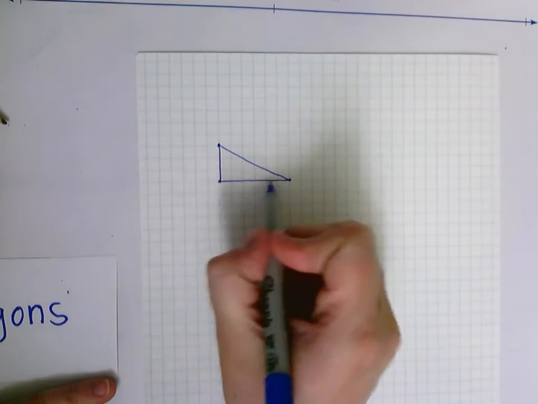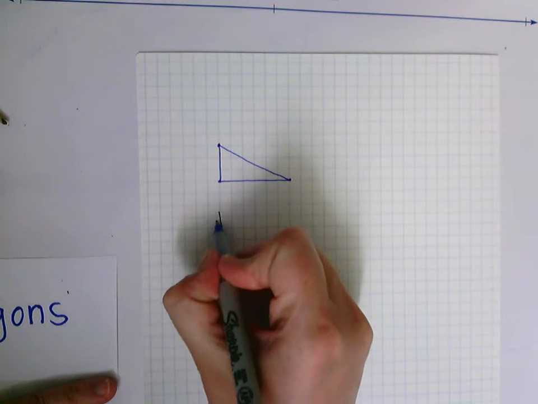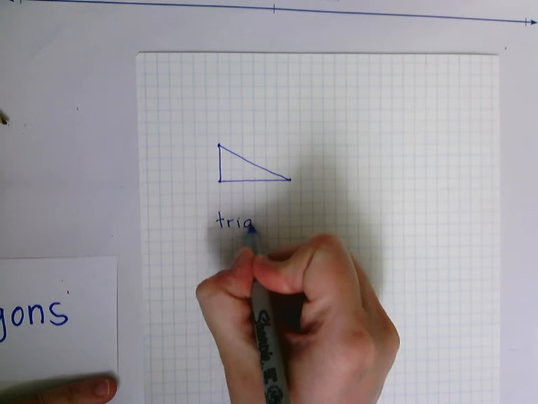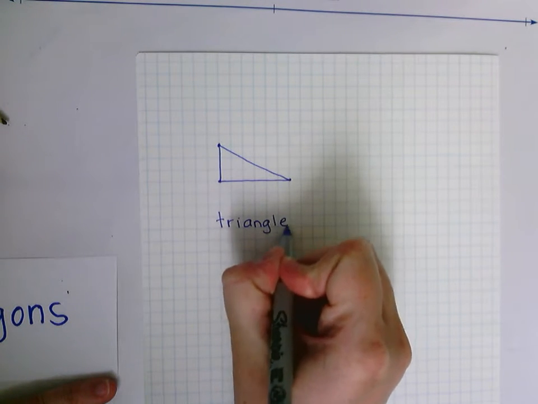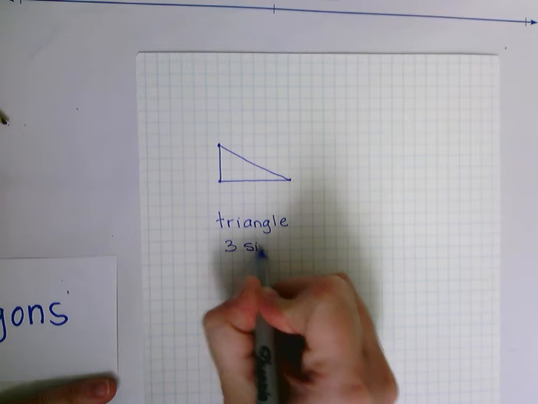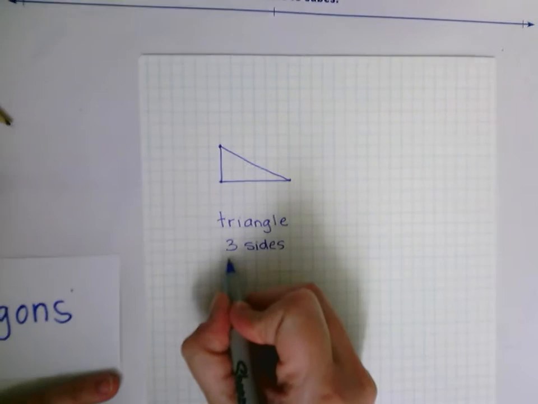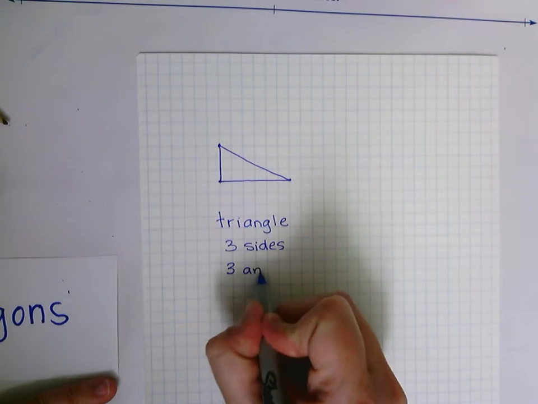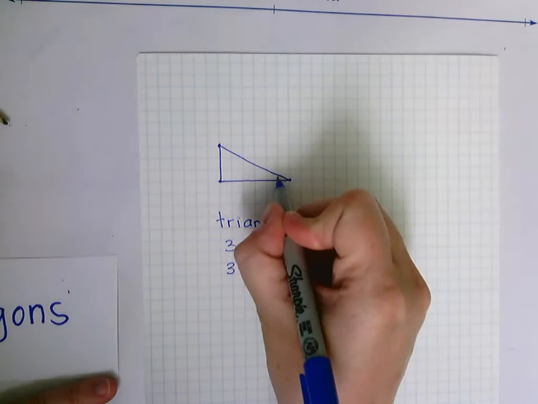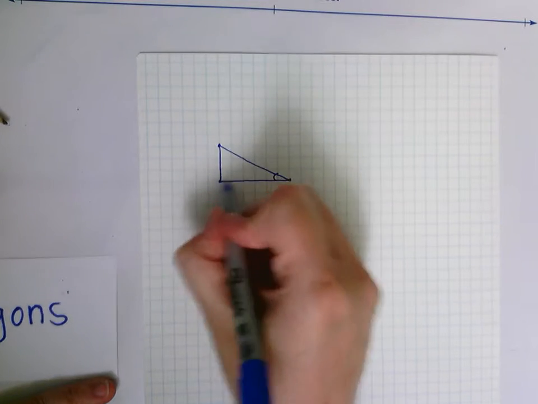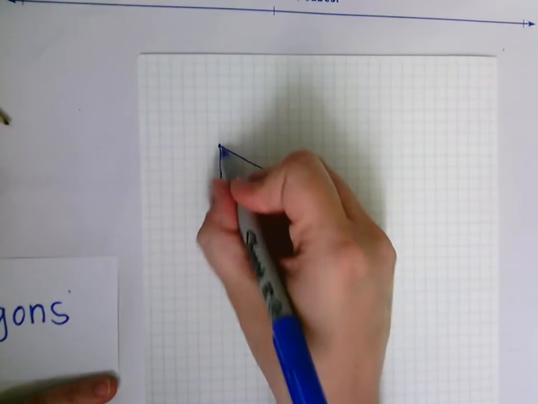All right, so this polygon we know is a triangle. We remember that a triangle has three sides, right? 1, 2, 3. It has three angles. This angle here, this angle here, and this angle here.